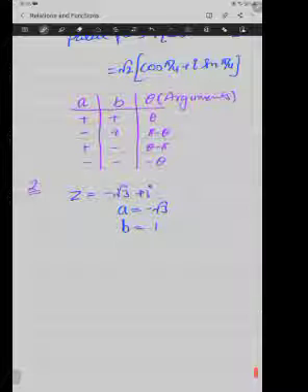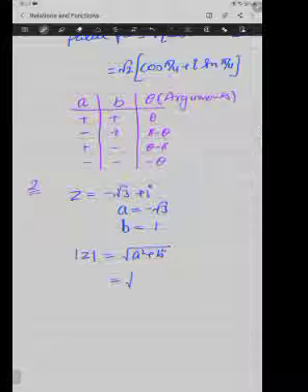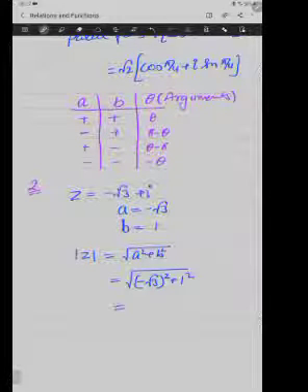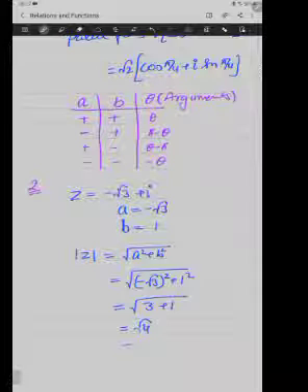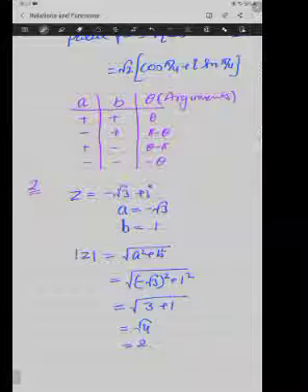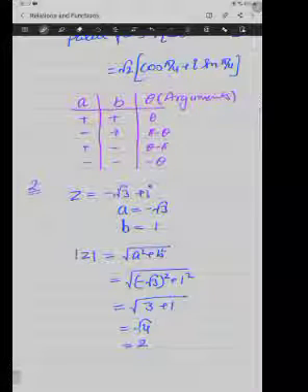First of all, we need to calculate the modulus, that is |z|, equal to under root a square plus b square. So it will be under root of minus root 3 whole square plus 1 square. Root 3 square is 3, 3 plus 1, so it will be under root 4, which is 2. So the modulus of the complex number is 2.